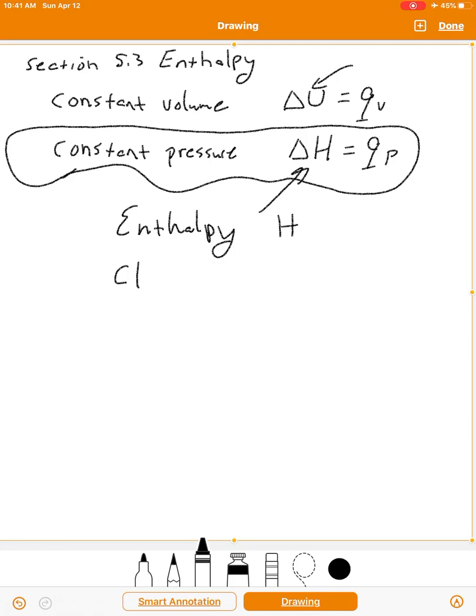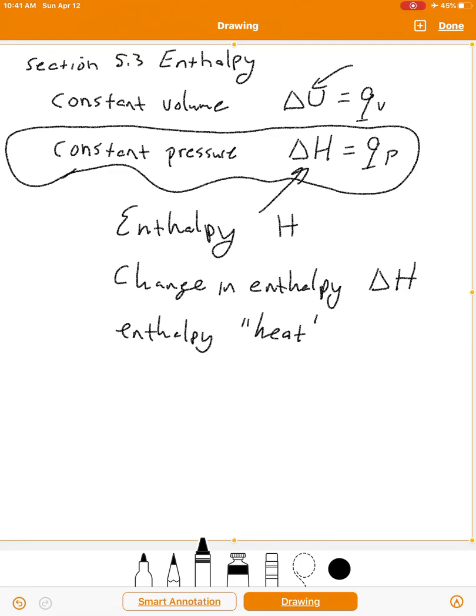This is enthalpy, change in enthalpy, delta H. Now, because the change in enthalpy is equal to Q under constant pressure, sometimes people call enthalpy heat. That's kind of a loose term to use, but sometimes people will say that. They'll say the heat of reaction or the enthalpy of reaction, the heat change in enthalpy of the reaction. Okay?